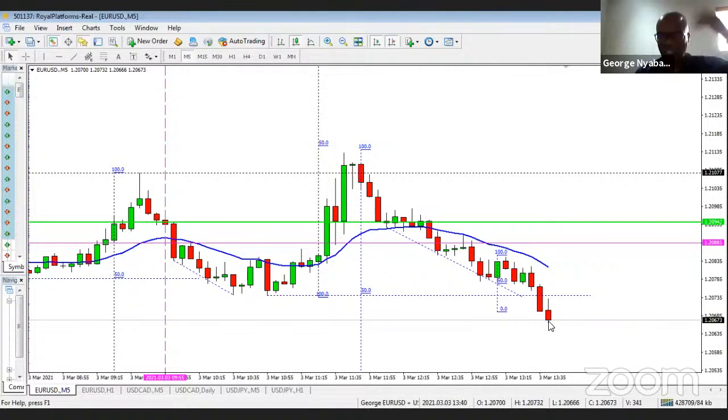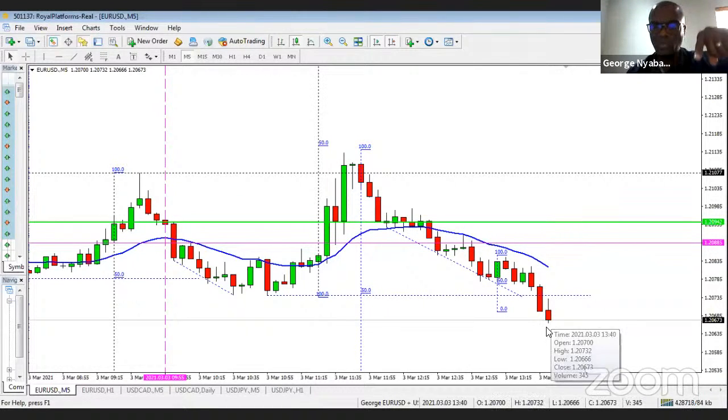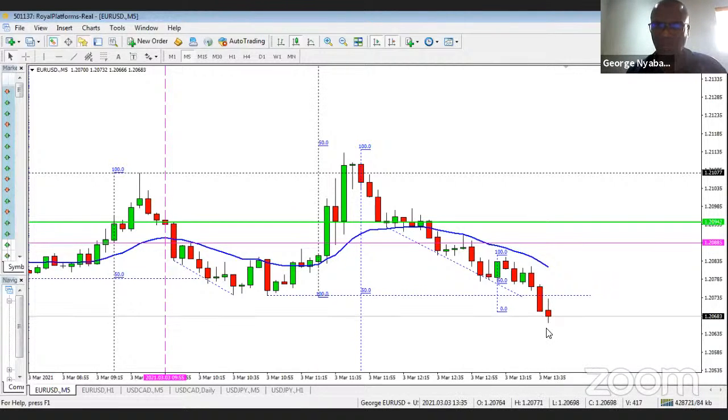Now I have to tell myself, okay, George, don't look to buy anymore whatever you get, because if the bears close beneath this particular candle, they are confirming the breakout. Now I need a pullback. I want to see what pullback I get to the moving average.